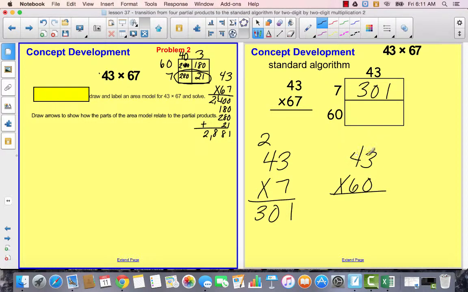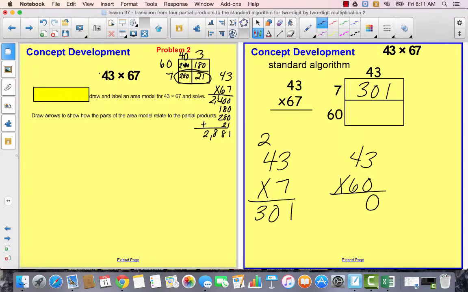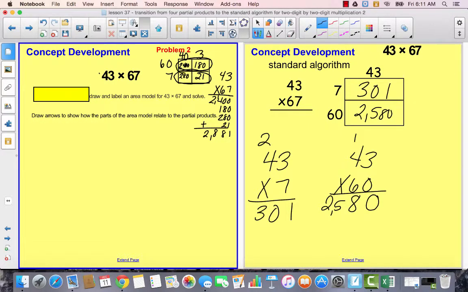If you remember, it's 43 times 6, and we just add a 0. So I'm going to put the 0 down first, and then do 43 times 6. 3 times 6 is 18. 4 times 6 is 24, plus 1 is 25. So I have 2,580, which is exactly what I would get if I added these two partial products together.